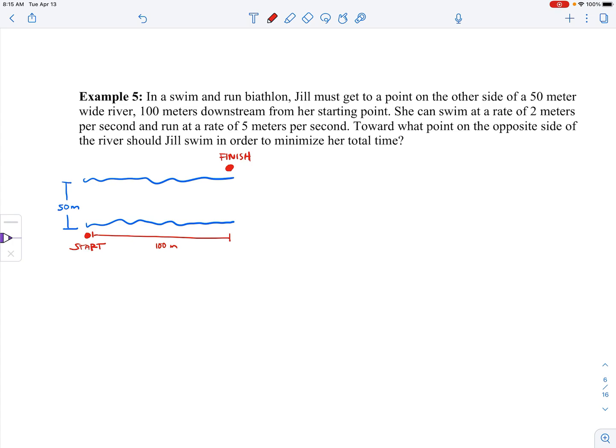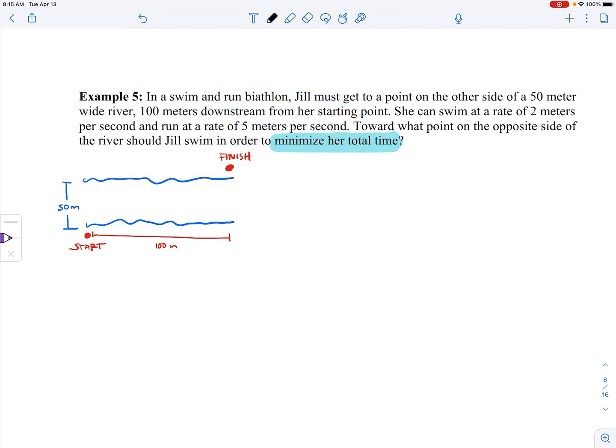We want to determine where she is going to swim to on the opposite side of the river in order to minimize her total time, right? So we are trying to optimize her time, and specifically we are trying to minimize it. So figure out how she can take the least amount of time.